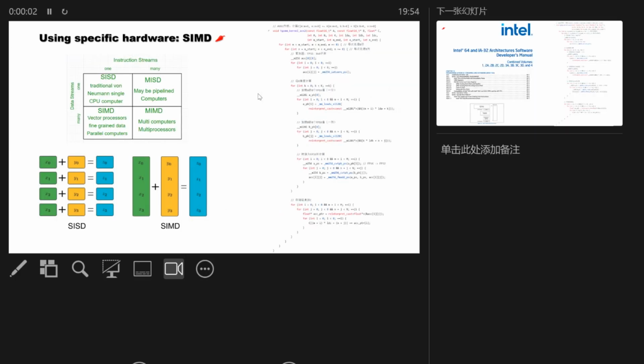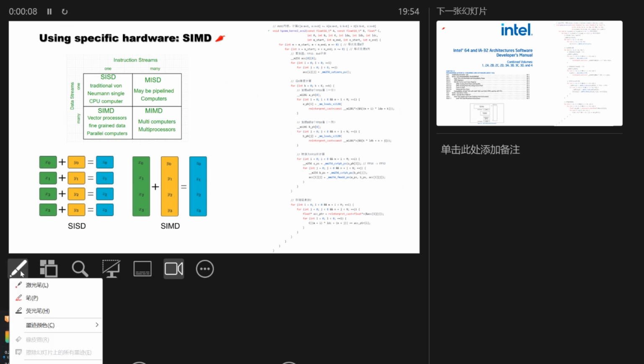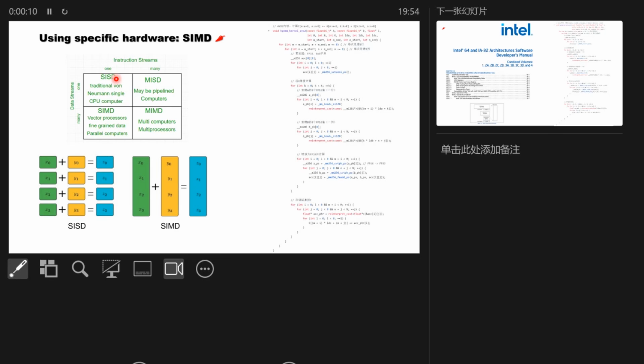The other optimization is using SIMD instructions. In the 1970s, some scientists proposed these instruction models, that is SISD, single instruction, single data. And SIMD is one of them, that is single instruction, multiple data.